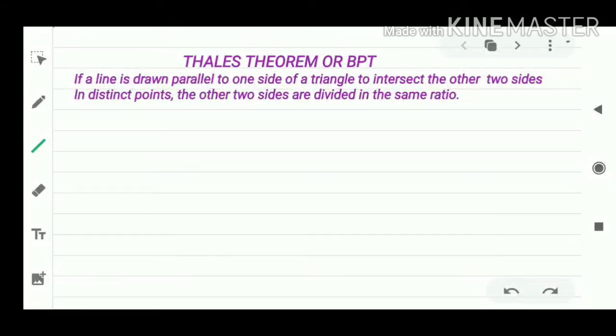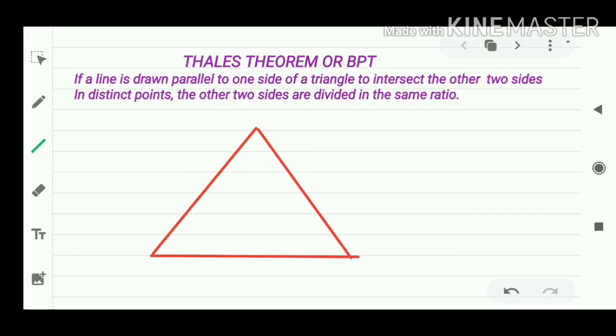Now understand how it can be proved and what is the theorem. We have to prove, in a triangle, suppose that ABC is a triangle. A line is parallel to BC.